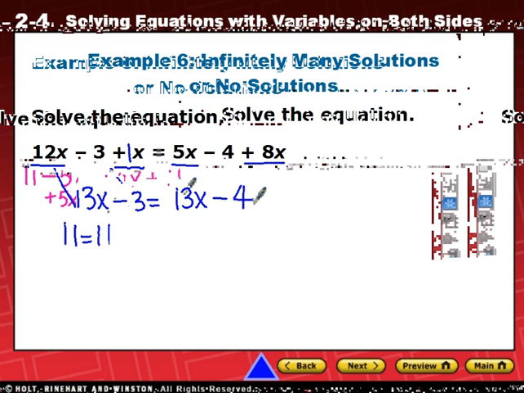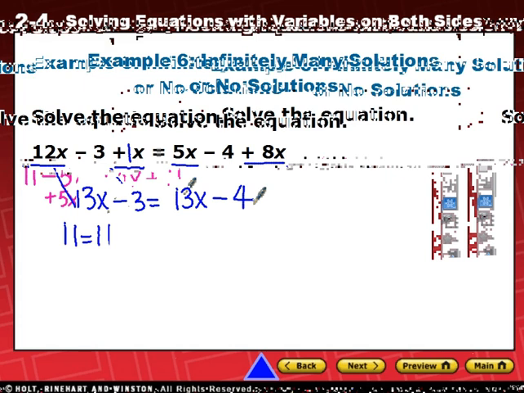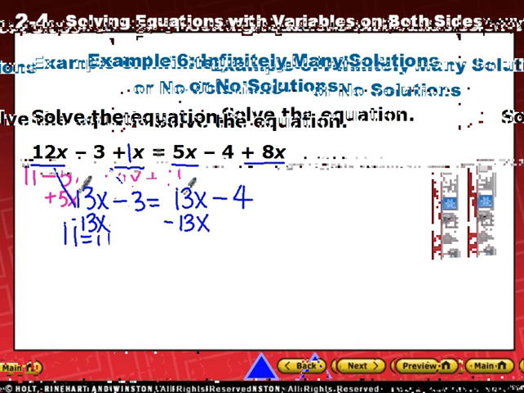Now, if you accidentally start moving things to the left or the right before you combine them, it's still going to work out. You're going to find out that eventually all your variables cancel out, and you're left with maybe a slightly different equation than what I have here, but it's still going to be false. So I have negative 3 equals negative 4.